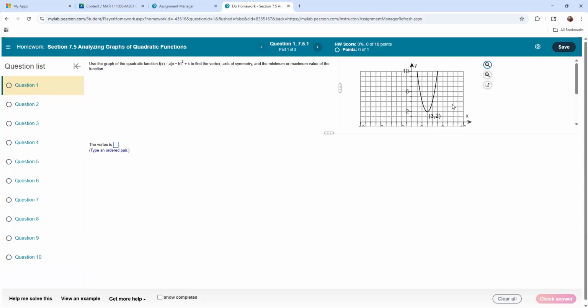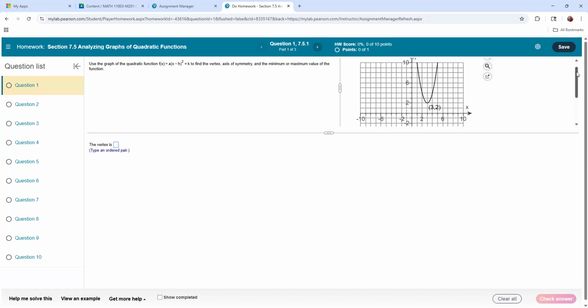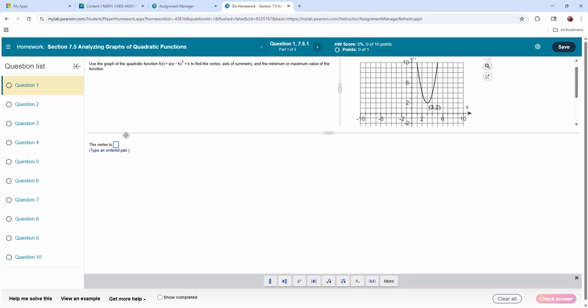So this one, they're actually giving you a picture of a parabola, and they're giving you the vertex point, that's what, 3 comma 2 down there. So the first thing on this question, they want to know what the vertex is. Well, they want you to punch in that ordered pair. So that'd be parentheses, 3 comma 2 close parentheses. So they're just getting you used to this terminology. So that's the vertex. That's the minimum point of that parabola.